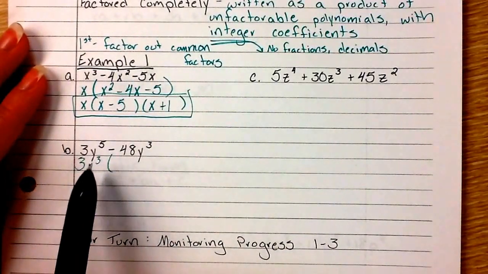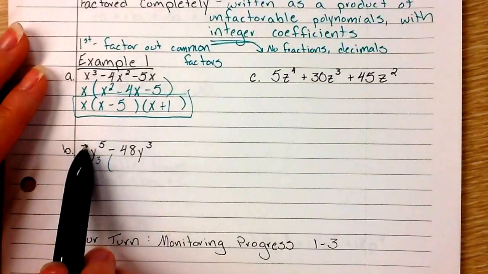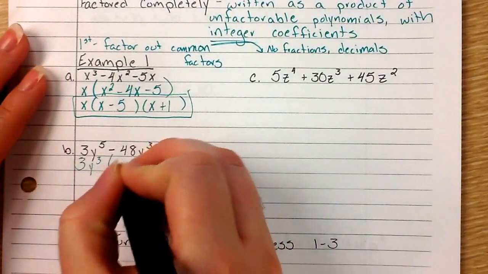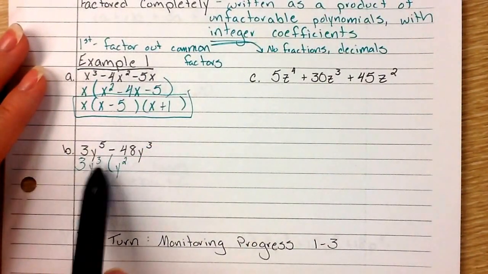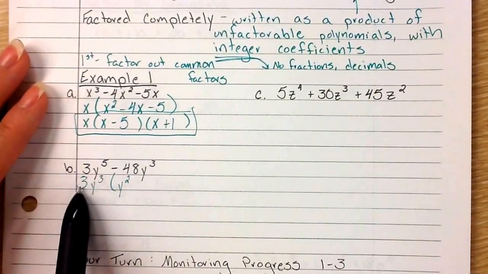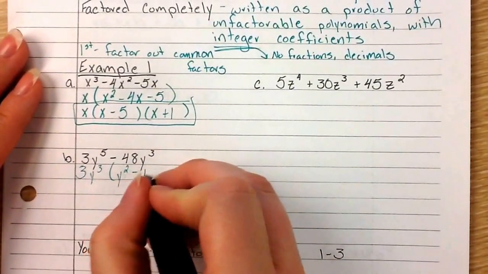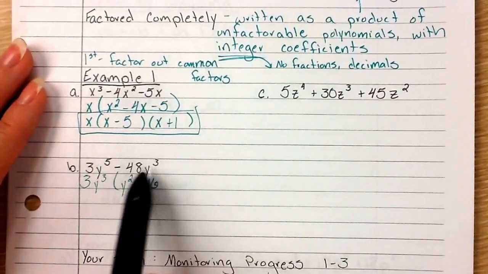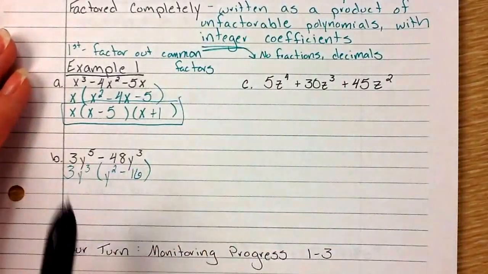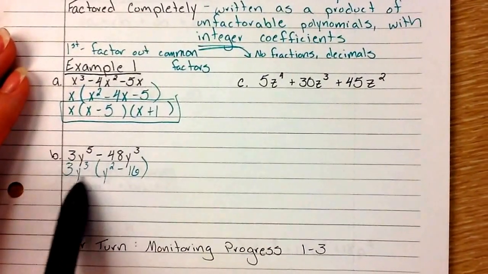So now I ask myself, 3y to the 3rd times what gets me 3y to the 5th? I've taken the 3 out, I've taken out 3 y's, that's going to be y to the 2nd. 3y to the 3rd times what gets me negative 48y to the 3rd? Well, I have to divide the 48 by 3, which is minus 16. And then I'm taking out those 3 y's, so there I'm left with 3y to the 3rd, and then y squared minus 16. So I factored out a common factor.